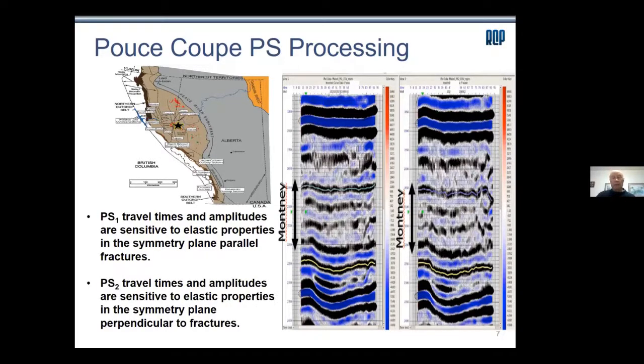So in this case, it requires extensive processing to enable the separation of these shear waves. And then after you've done that, since we're looking for very small changes, you want to make sure that the processing is done accurately.